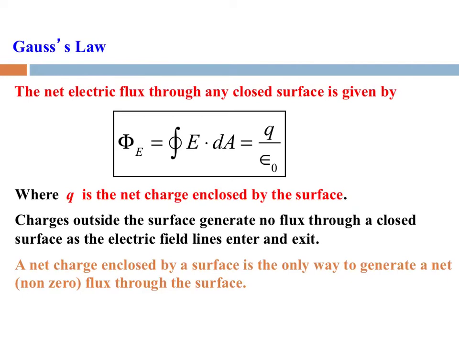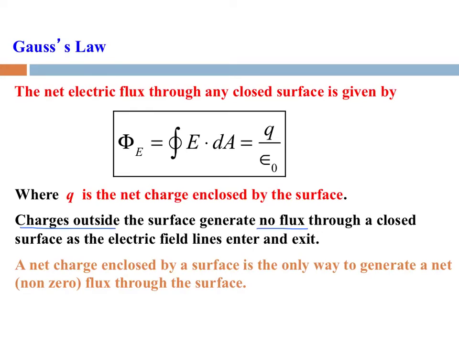Now, charges outside the surface still generate no flux through a closed surface, just like they did before. So again, charges outside the surface still generate no flux through a closed surface as the electric field lines enter and exit.